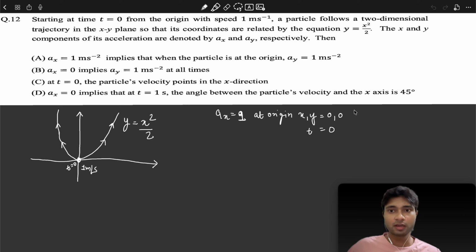So how should we figure out the relation between ay and ax?